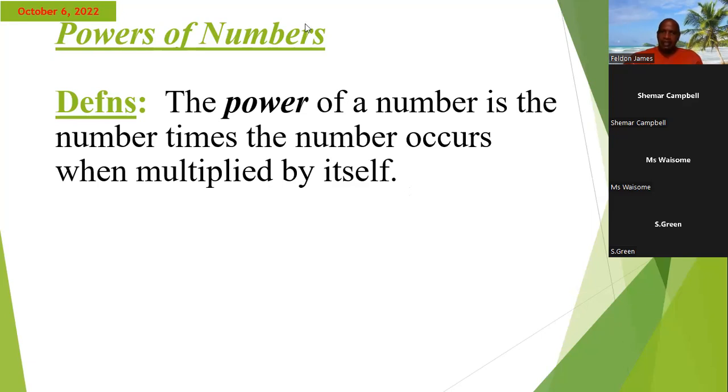So it means that if you multiply 3 times 3 times 3 times 3, then the number is multiplying by itself. But how many times does that number occur? It occurs 4 times.